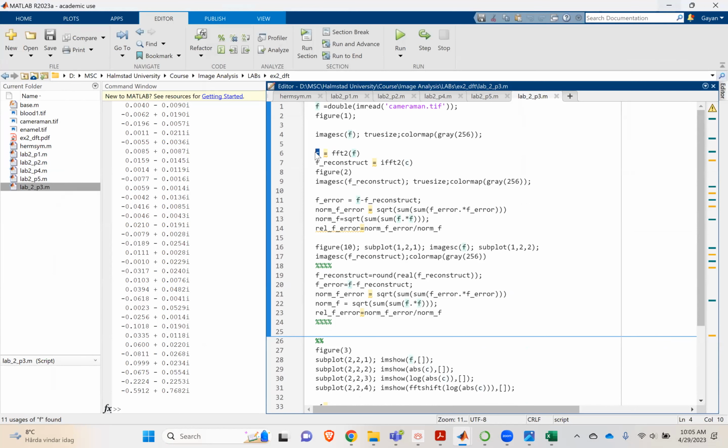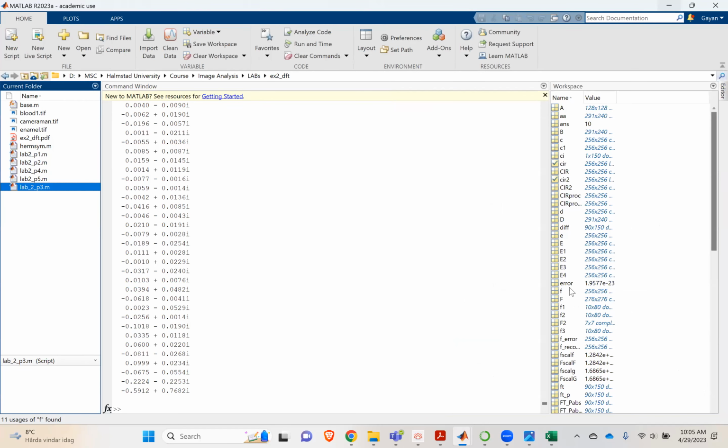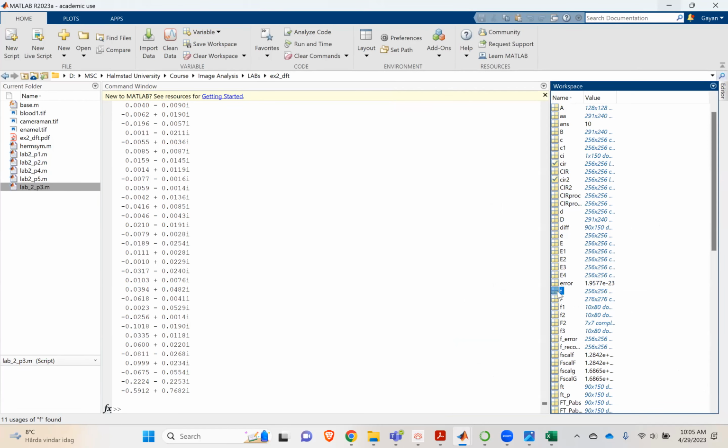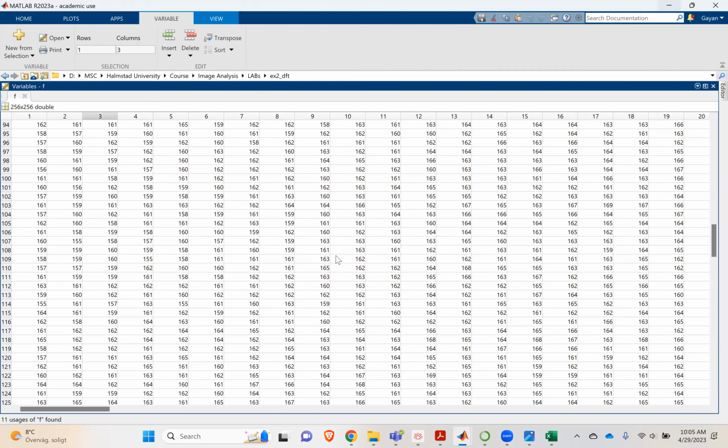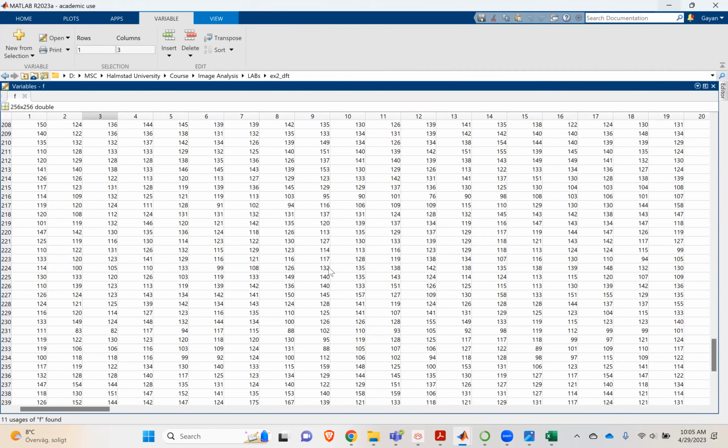We read the image, and the original image is F. You can see the whole 2D matrix, 255 by 255 pixels. It's like an Excel sheet with all the pixel values. This is the first position, this is the second position. All these values vary from 0 to 255.